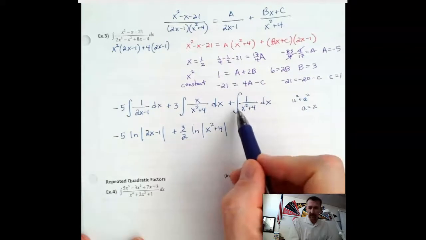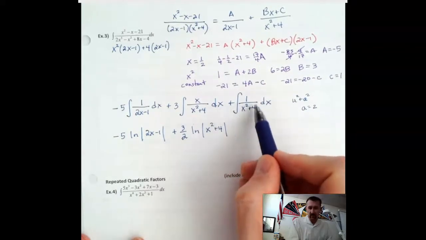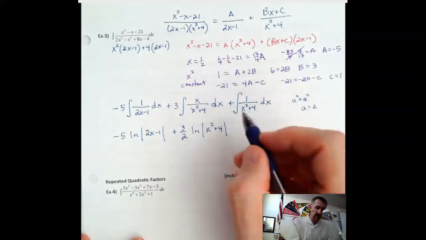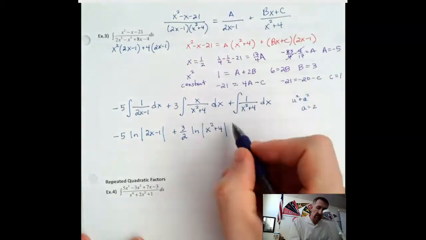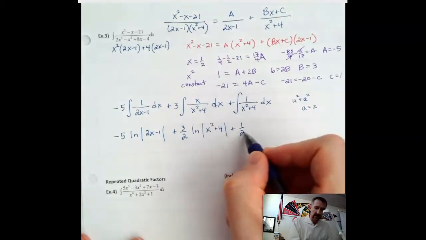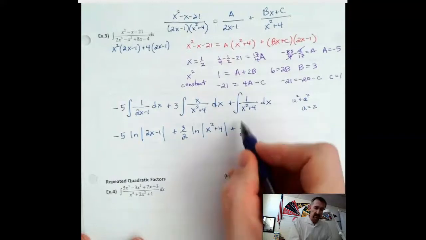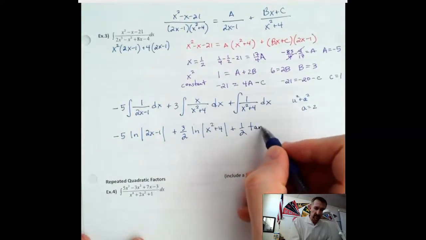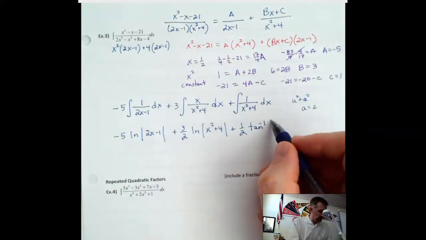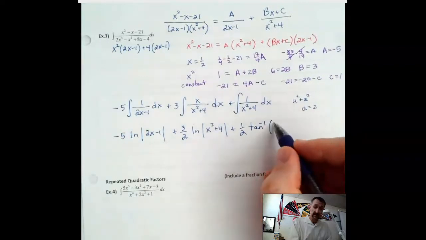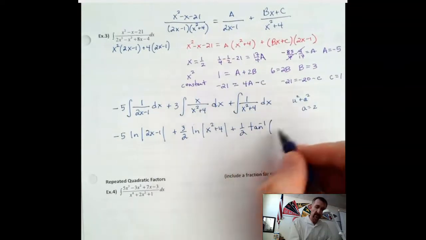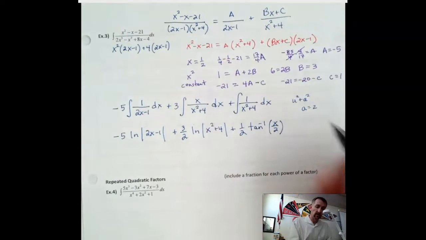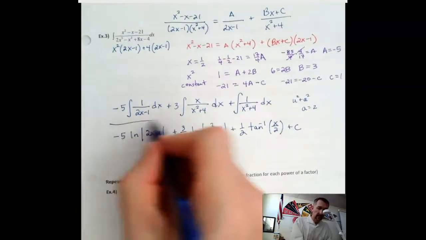So the clue is that it's not square rooted. If it's not square rooted, that's the inverse tangent again. So it's 1 over a. So a is 2, the square root of that. So it's 1/2, and then the inverse tangent, and it's x over a in here also. So this is 1 over a, and this is x over a. Whew. Okay, and then plus c.